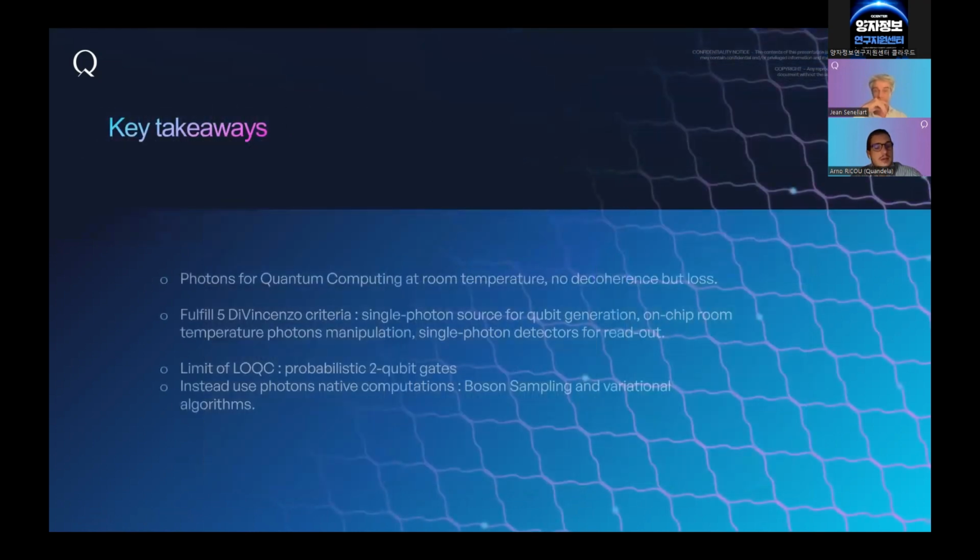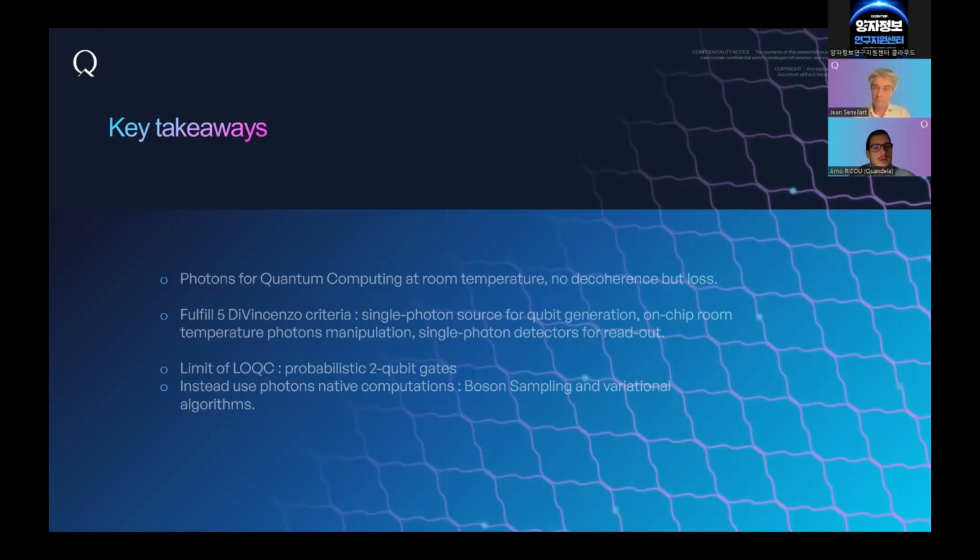The key takeaways for this first part of this second session of mastering quantum photonic computing are, first, that with photons we do quantum computing at room temperature. We don't have decoherence, but we have loss, which is the main issue for us. We're able to manipulate them: do superposition, create entanglement, do interference, and so on.